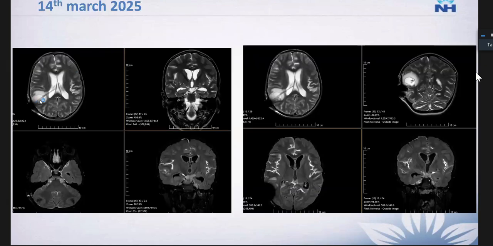Despite putting the VP shunt, the ventricles are not being drained, and you can see some CSF-filled collection formed in the parenchyma along the tract of the VP shunt. That means whatever the CSF was containing, high proteins or high cells, was blocking CSF absorption or drainage into the VP shunt. And these are a few more images taken at that time.